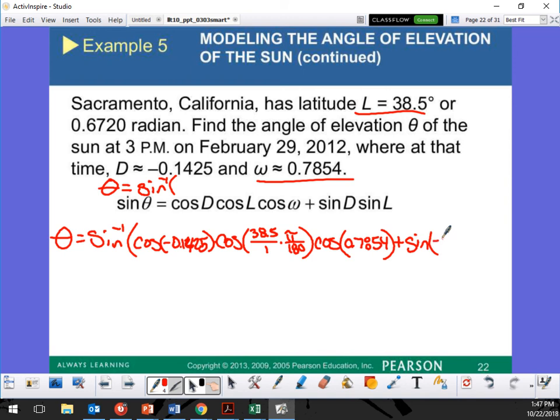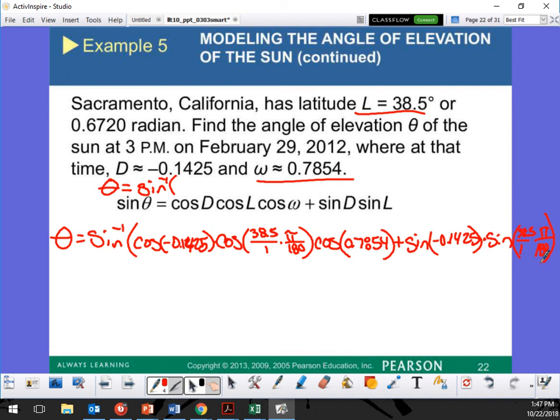It is negative 0.1425, times sine of L, and that's going to be the 38.5 over 1 times pi over 180.